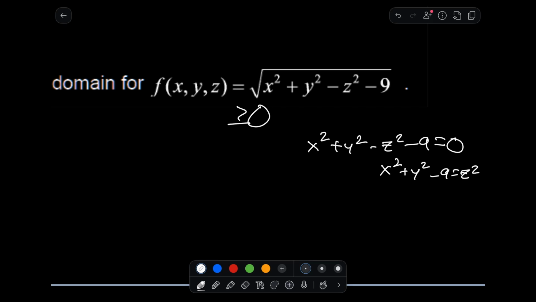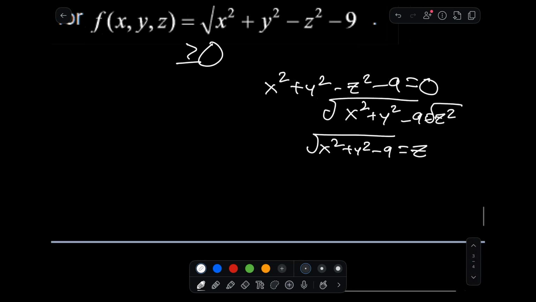So given this, we can say, take the square root of this, we get the square root of x squared plus y squared minus 9 equals z, but z has to be positive in this case, right?